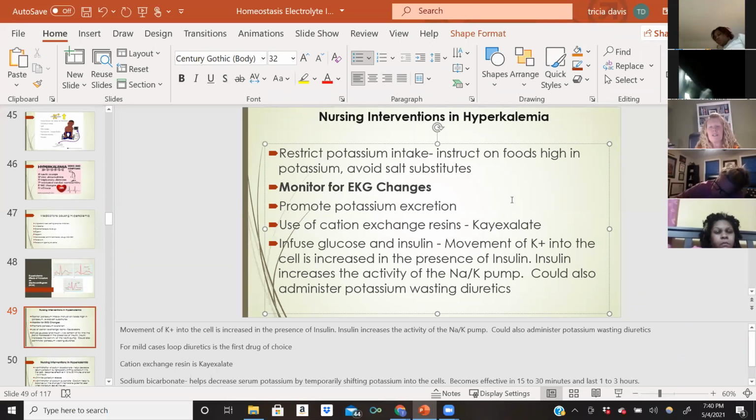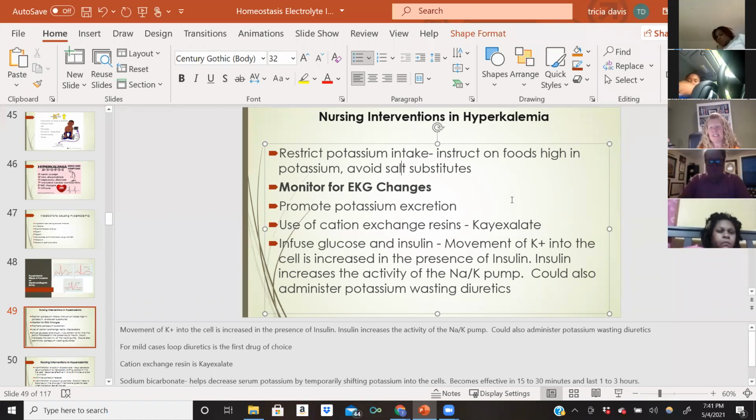We want to promote potassium excretion. We can use cation exchange resins called Kayexalate. We can give them Kayexalate. It will help them to have bowel movements that will excrete the potassium with it. We can infuse glucose and insulin, because remember, the movement of K into the cells is increased in the presence of insulin.